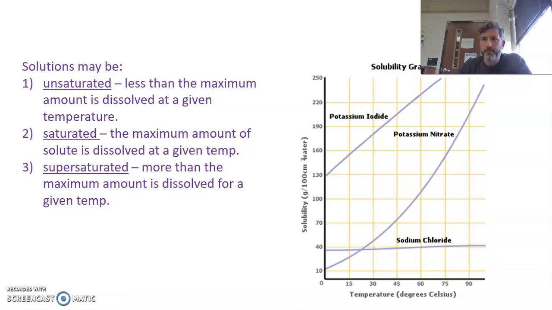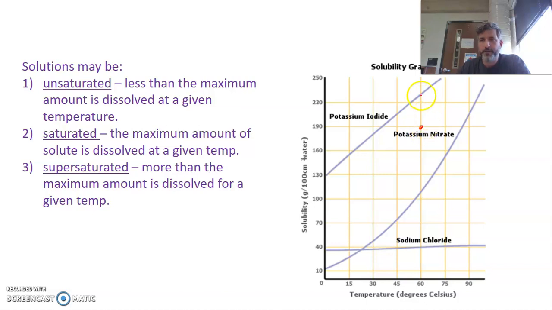Let's switch substances and talk about potassium iodide. Let's say I'm at 60 degrees Celsius and I put, let's keep it simple, 190 grams of potassium iodide in 100 grams of water. Would that be saturated, unsaturated, or supersaturated?